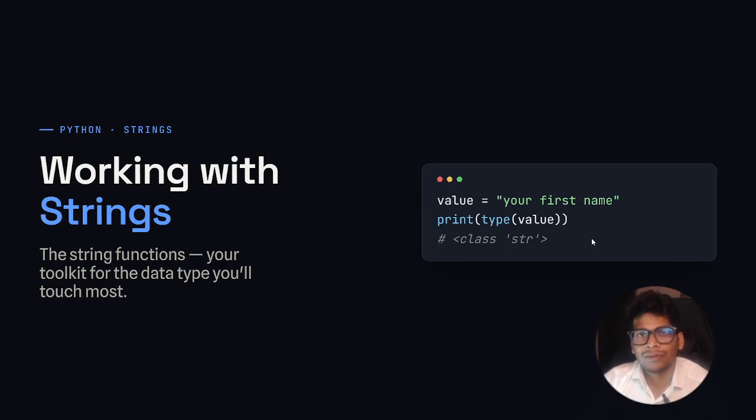What is the type of the value you have assigned? It can be integer, string, or boolean. We have seen different types of integers and different types of variables.